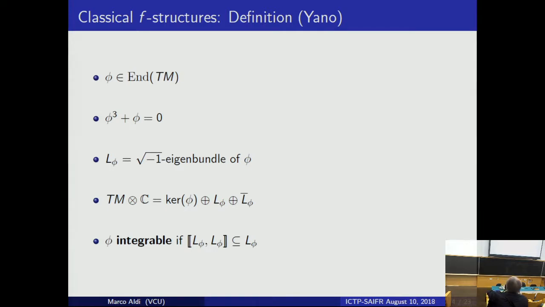But unlike almost complex structures, for which you have that they square to -1, right? Here we have something slightly more general. We have that applying this endomorphism 3 times is equal to minus applying it once.